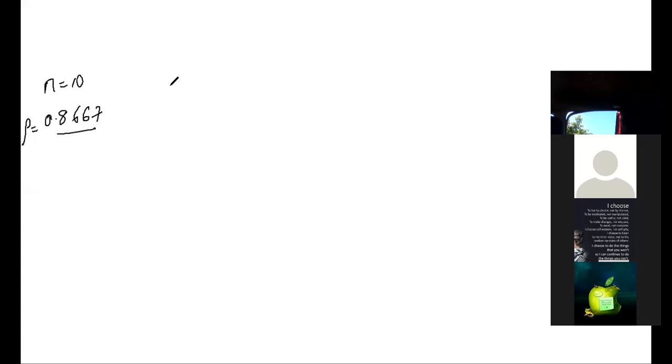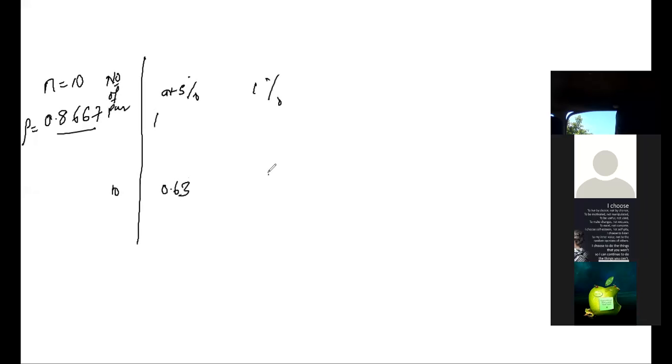I look for the degree of significance at 5% and at 1%. At 5%, where 10 is, in the number of pairs, we have 0.65. Then at 1%, we have 0.79.